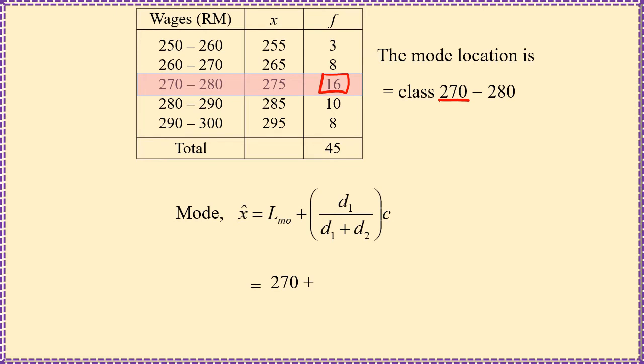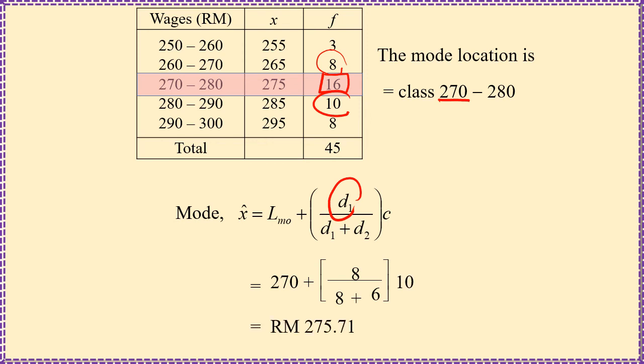D1 is the difference between the modal class frequency and the class before, which is 8 here, so 16 minus 8 is equal to 8. How about D2? D2 with the 10, so 16 minus 10 is equal to 6. The class width is the same as the median, which is 10. So the answer will be RM275.71.